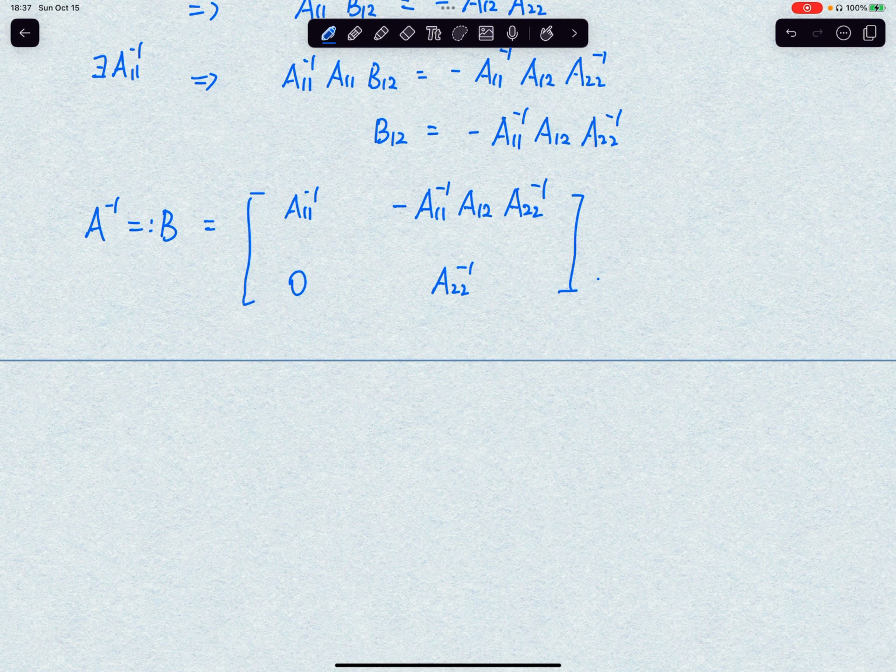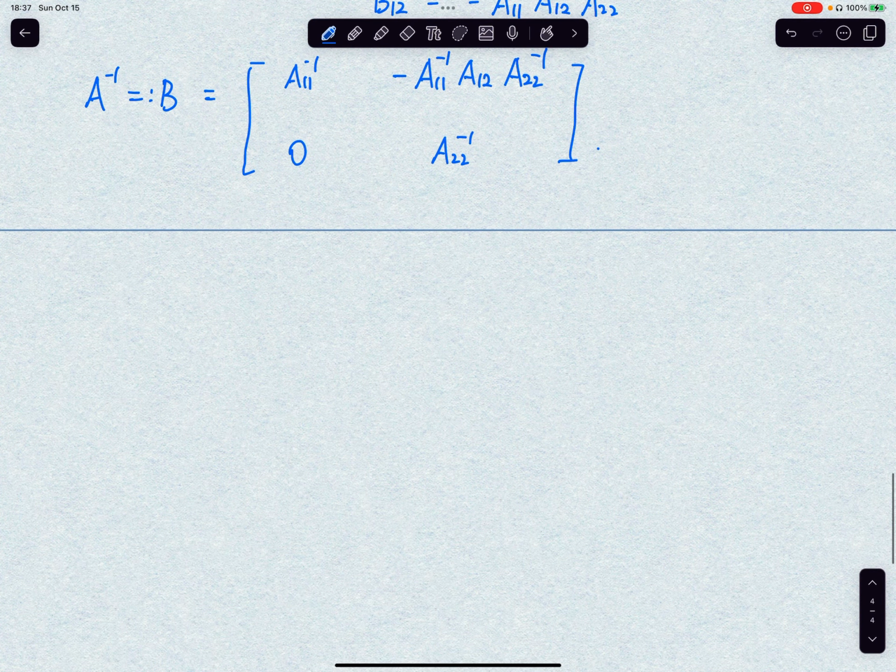And now, we shall discuss elementary matrices. An elementary matrix is one that is obtained by performing a single row operation on the identity matrix.